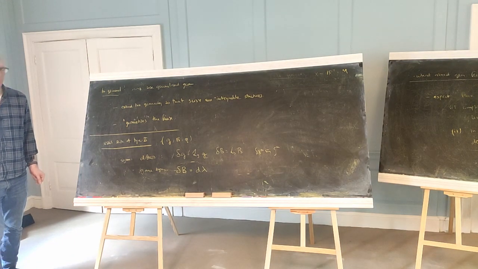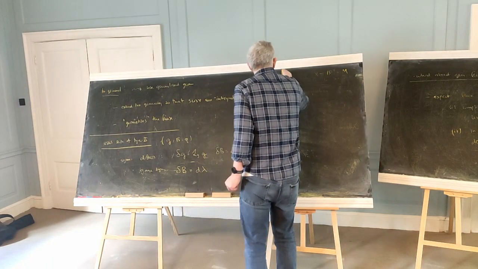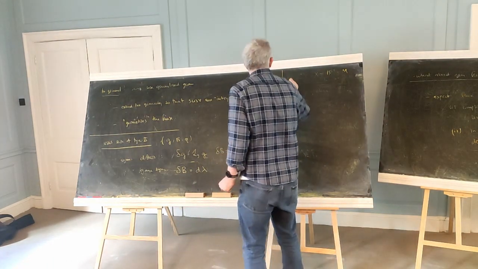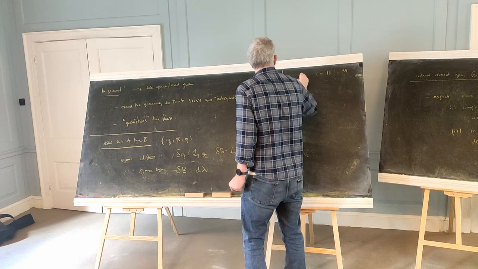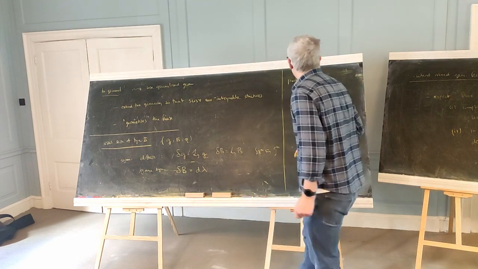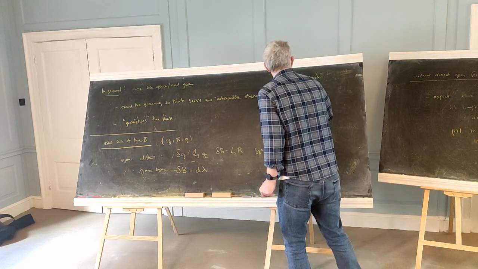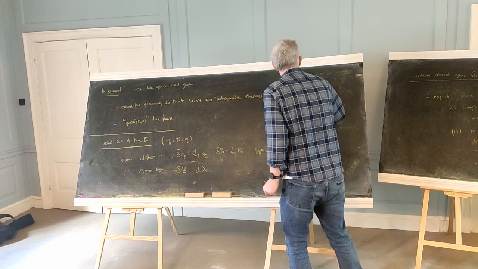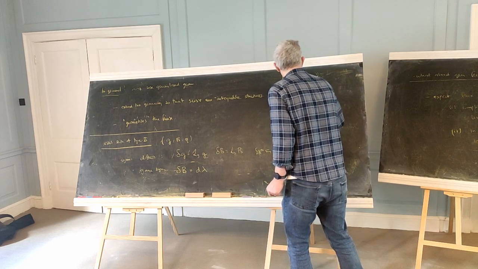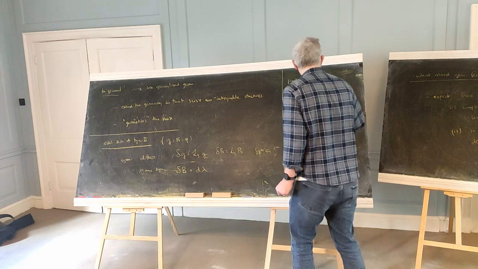Everyone happy? So the whole idea of generalized geometry is that you package these together. We define a generalized tangent space, E, which is just a combination of vectors and one forms.